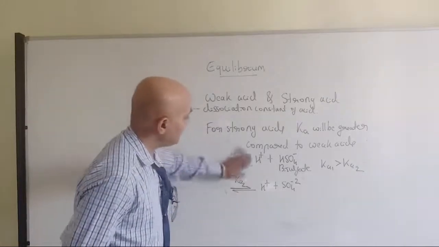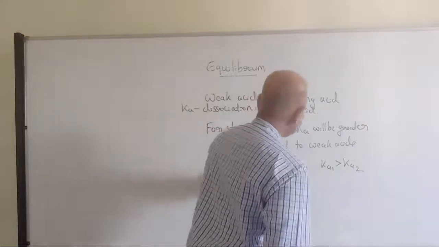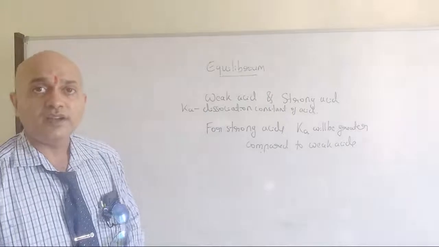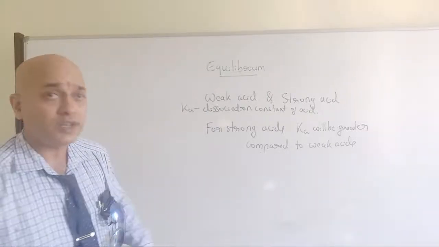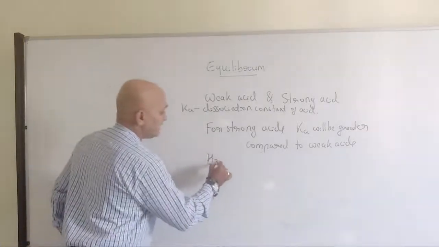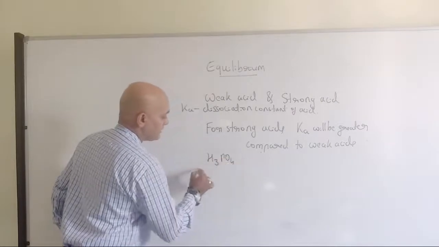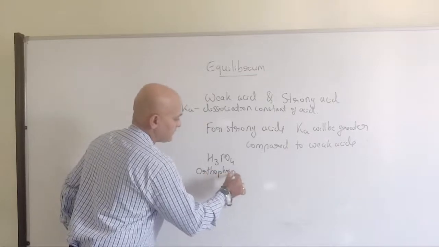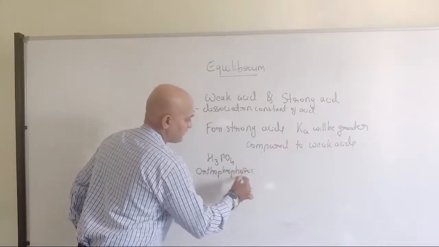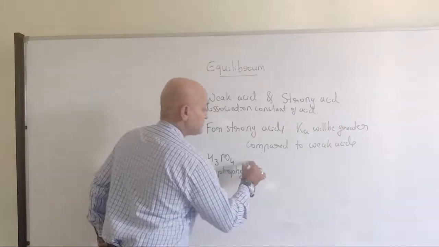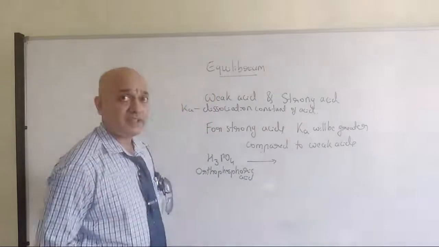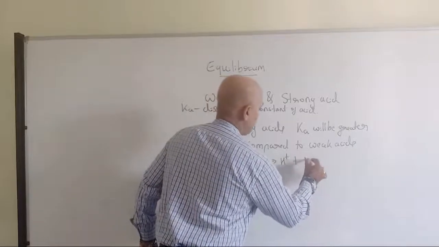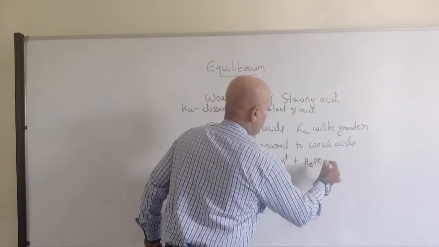Now same way, not only 2 H plus, we have some acids which can release more than this. That means orthophosphoric acid, H3PO4. Naturally this molecule is going to release one H plus and form H2PO4 minus.